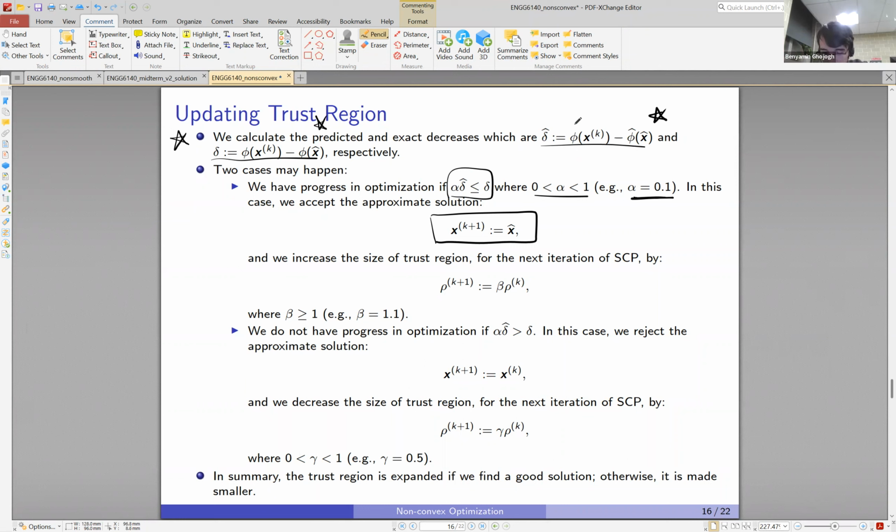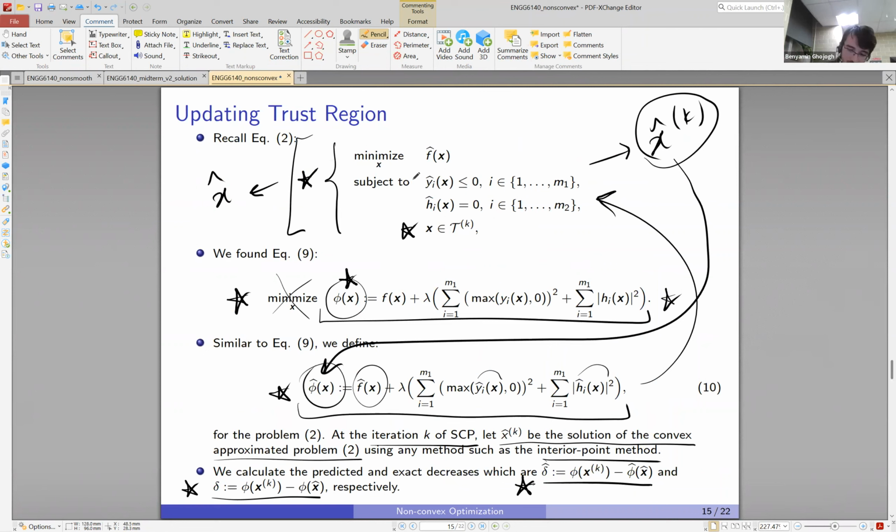However, we can take its difference from phi hat of x hat or phi of x hat. So we can feed the solution of this optimization problem to either phi hat or phi. We have an approximated solution, but we can evaluate it on the actual problem or on the approximated problem.